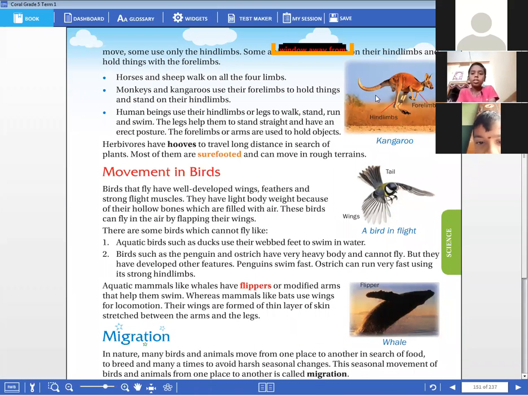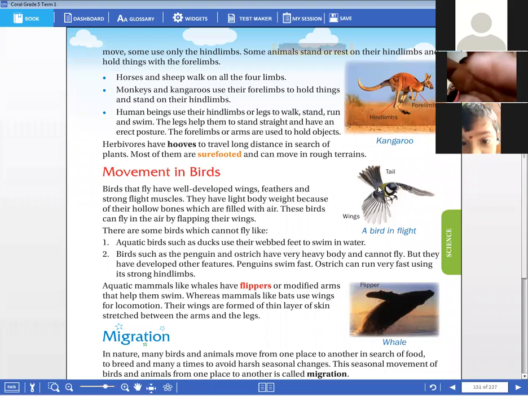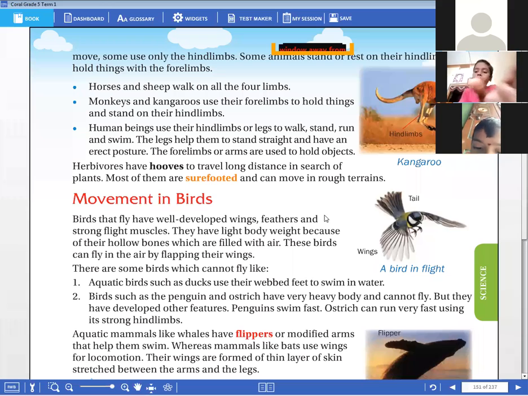I'll share it. See, children, can you observe this bird here? This is a bird in flight. It is a picture of a bird which is flying, children. Hope you can see this one. See, let's discuss the parts of the bird. It has a long tail.